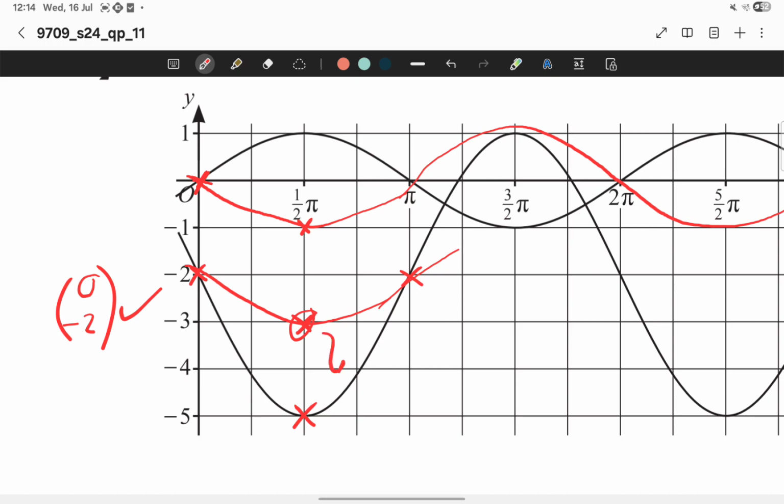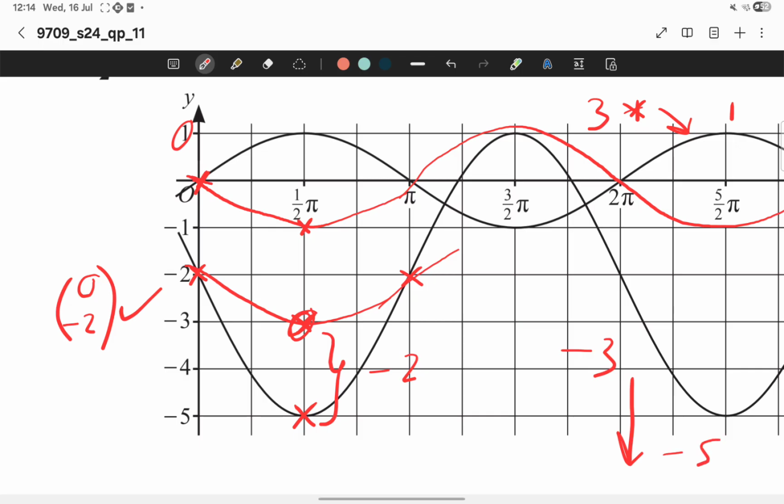If I look at this, there's a gap of -2, meaning the first transformation was to get this graph to -3. So if I multiply the graph by 3, this one will now be at 3, and this bottom point will now be at -3. And if I subtract 2, this one will go down to 1, and this one will go down to -5.